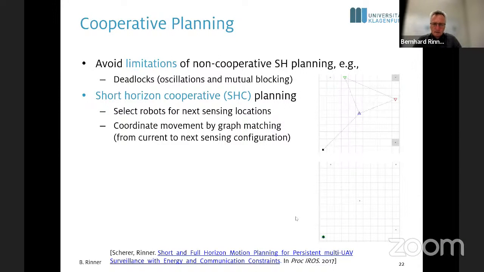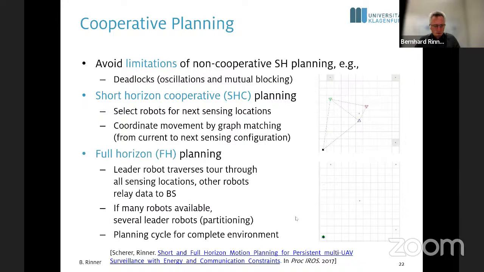Okay, and then the cooperative planning approaches, as I said before, exchange information about the intended movements. We do this by applying a graph matching approach where we inform the others about how one moves towards the next cell, and this guarantees that the maximum distance between drones is not violated.